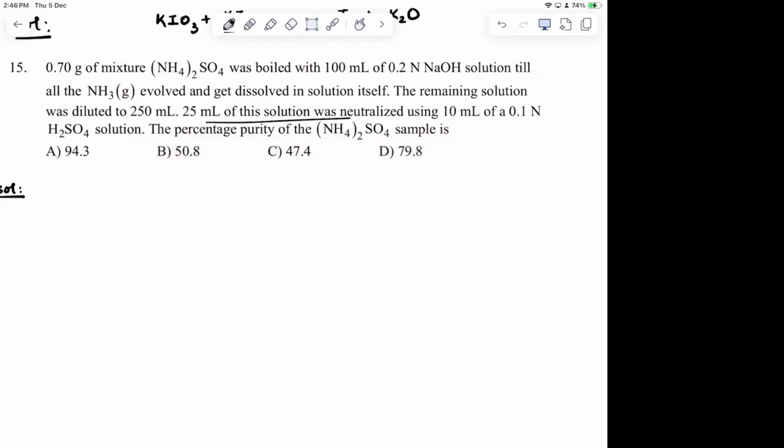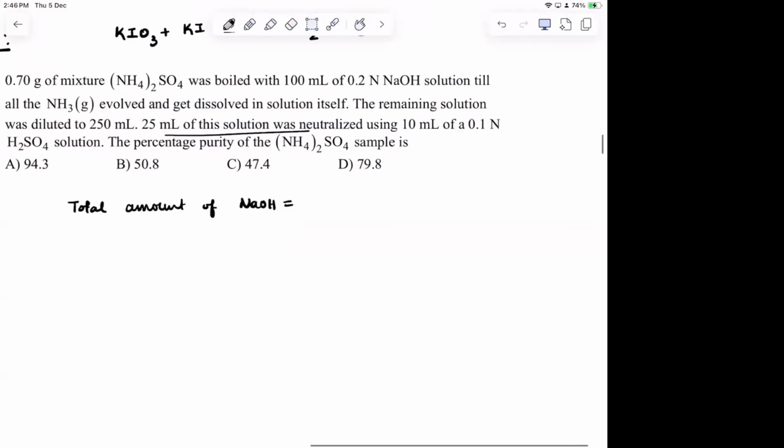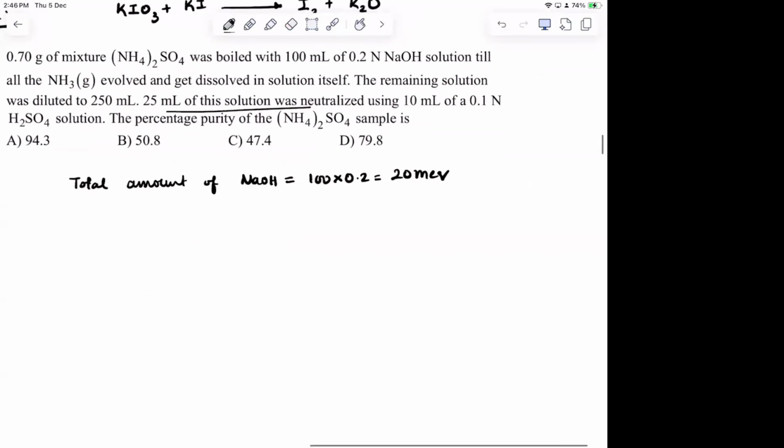Yeah. See, first let us calculate the total amount of NaOH that was used. Total amount of NaOH used was 100 into 0.2, which is 20 milliequivalents. Out of that, the excess amount of NaOH which was later neutralized was how much? 10 into 0.1.